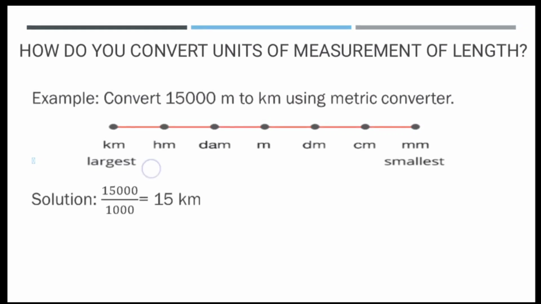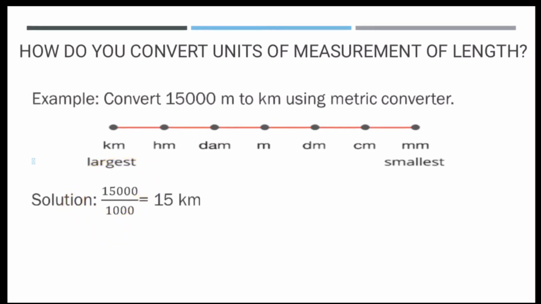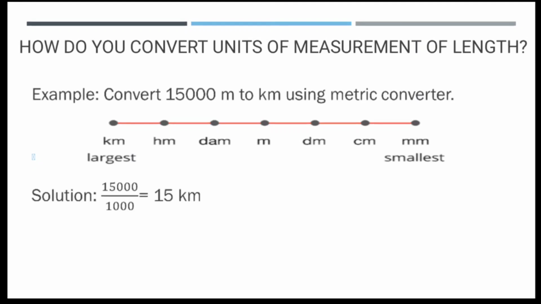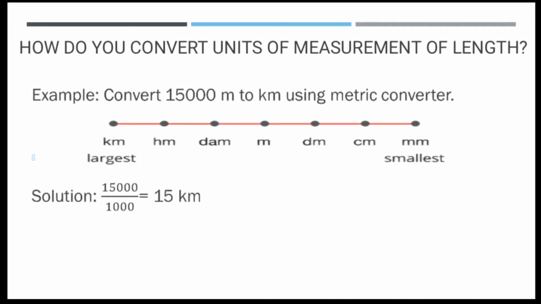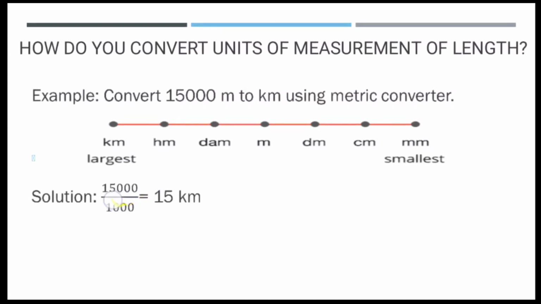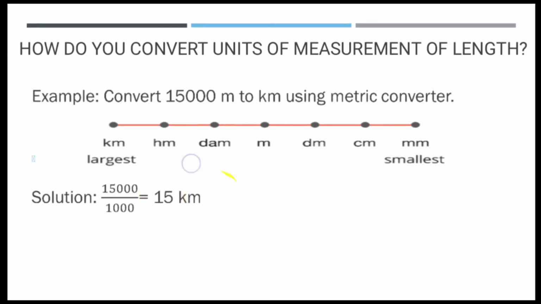Okay, so 15,000 divided by 1,000. To easily solve that, you just have to move the decimal point from right to left as well, so 3 units as well. 1, 2, 3. Therefore, our answer is 15 kilometers. Okay?